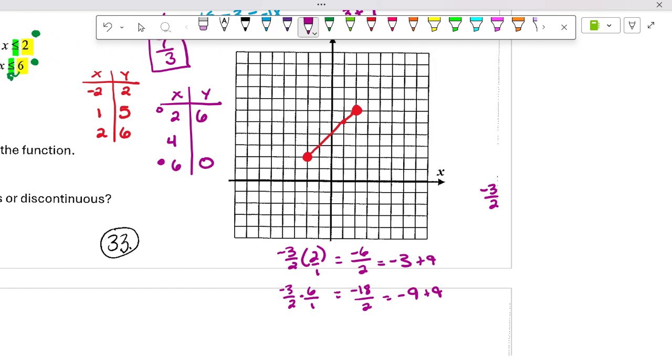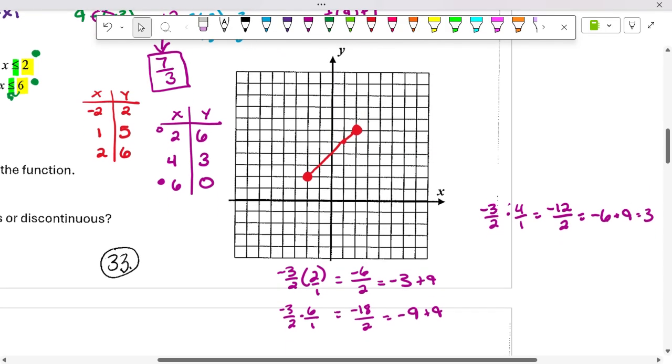All right. So, -3 times 4 over 1. So what's -3 times 4? 2 times 1? -12 divided by 2? Plus 9. 3.